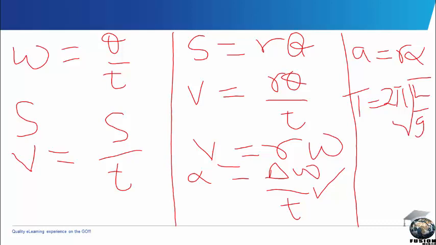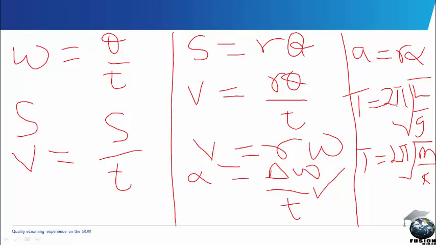For a spiral spring, T equal to 2 pi square root of m all over k, where k is the spring constant.